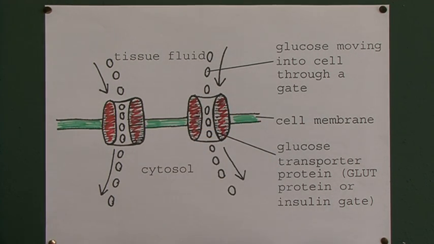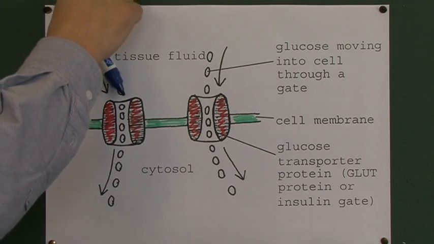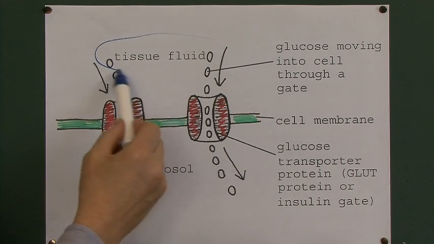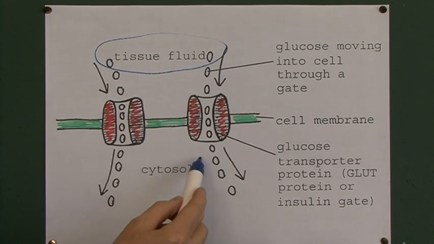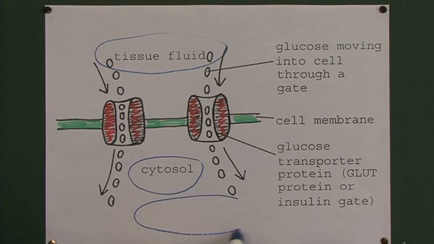And we notice now that the glucose transporter molecules have made a hole through the cell membrane. So this area here is the tissue fluids. This area here is the cytosol of the cell, and of course it's the cytosol of the cell which contains these useful mitochondria.